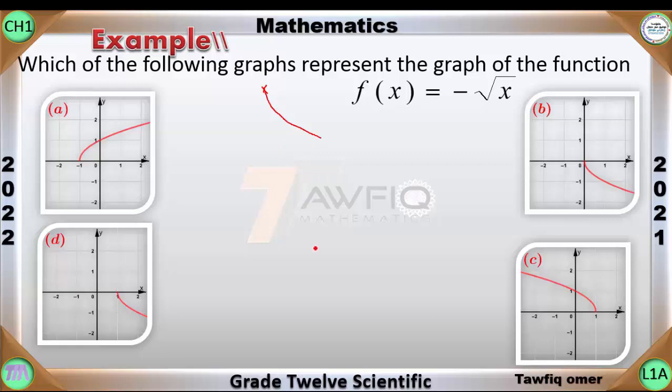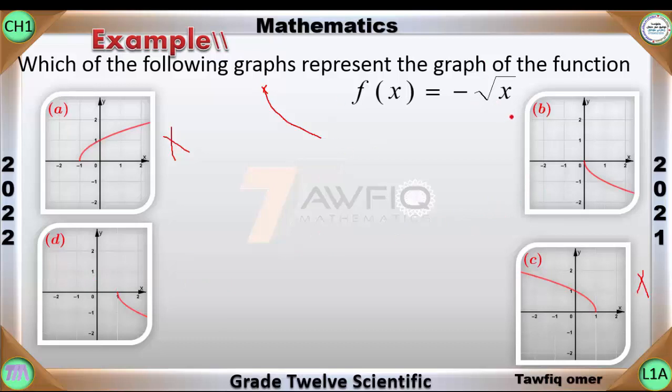This means that A is not a solution and C is not a solution. Only D and B remain.